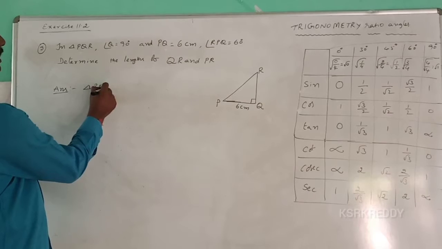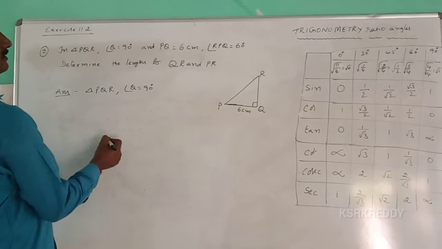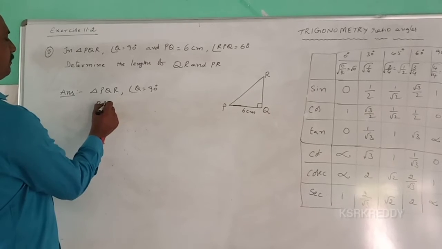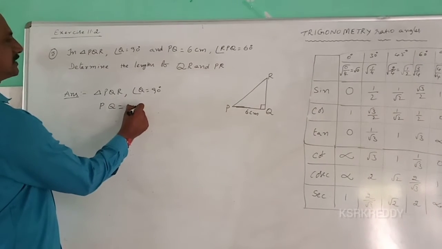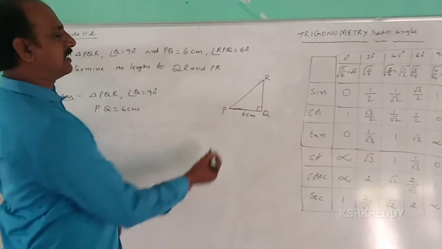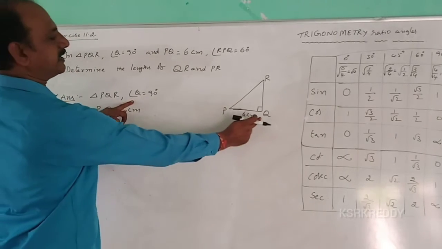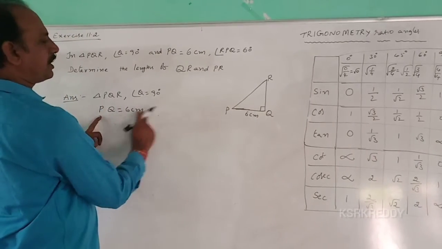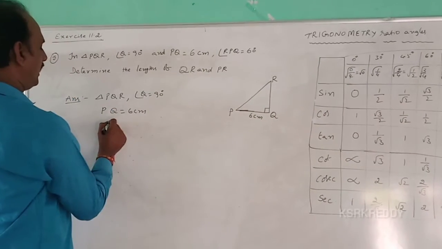Triangle PQR, angle Q equal to 90 degrees, and PQ equal to 6 centimeters. So first, draw the right triangle PQR, with angle Q equal to 90 degrees and PQ equal to 6 centimeters. That is also given.